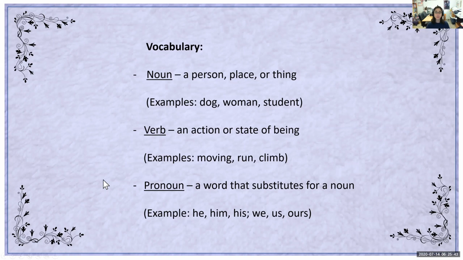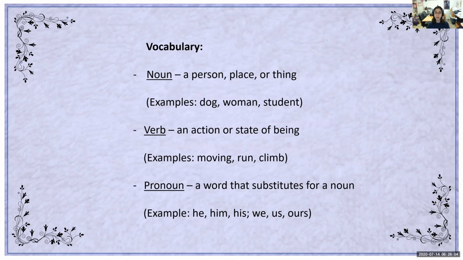And then we have pronouns, and pronouns are a word that substitutes for a noun, such as he, him, his, or we, us, ours. So basically, instead of saying something like the man is walking to the store, the man being our noun, our subject, we could say he is walking to the store, and he would be our pronoun.